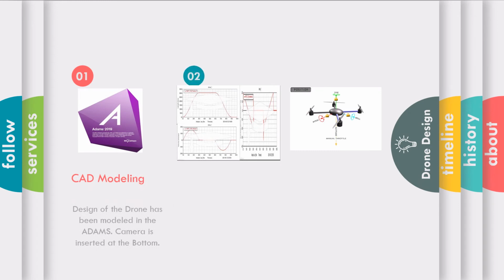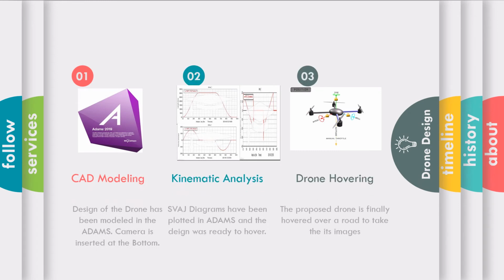One of the most challenging steps in our design process was that we had to design a drone which will hover over a line on a road or railway track and take images. First of all, we developed a CAD model in MSC Adams, and we inserted a camera beneath the drone. We performed kinematic analysis on this drone.